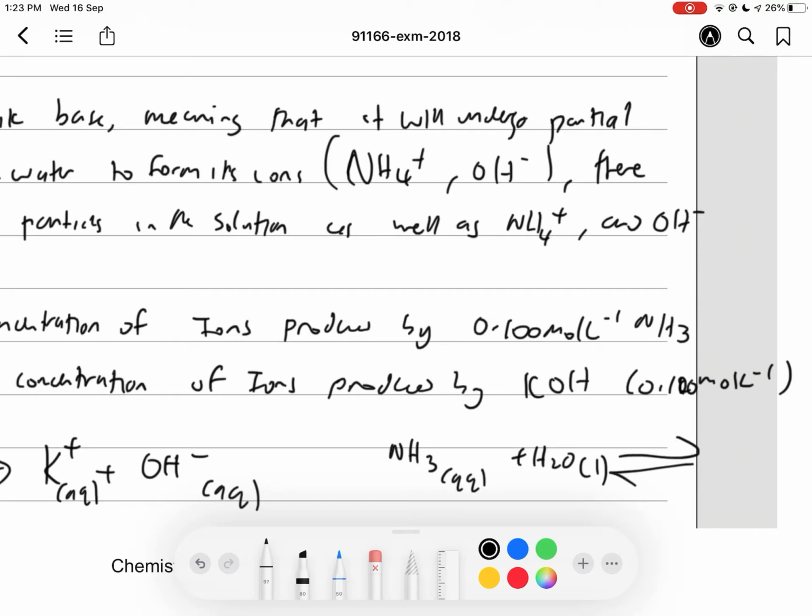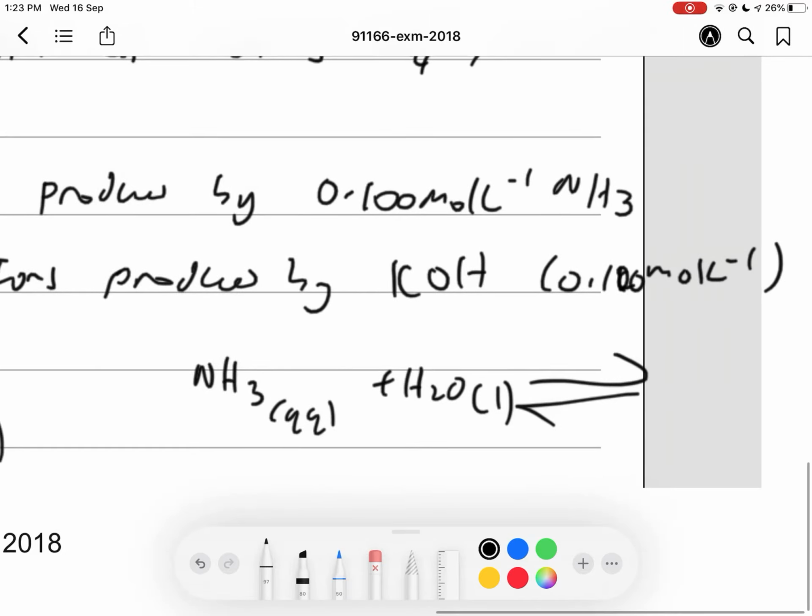In this case, we use the equilibrium arrow because it doesn't go to completion. The equilibrium arrow is used to represent the partial dissociation. This will produce our NH4 plus ions as well as our OH minus ions.